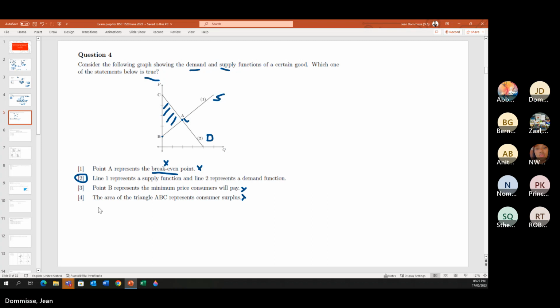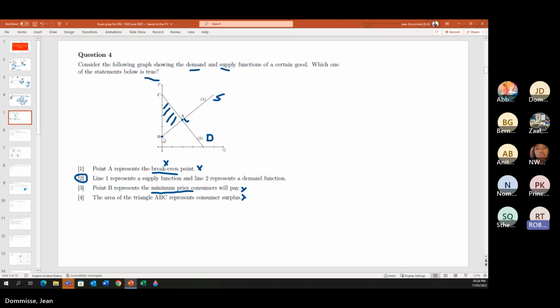So what is the minimum price that consumers will pay? I think this is nearly a trick question. So it's B. Isn't it on the other side?